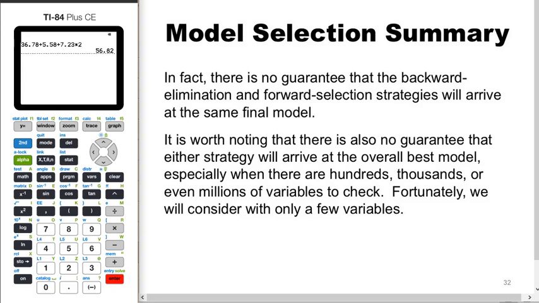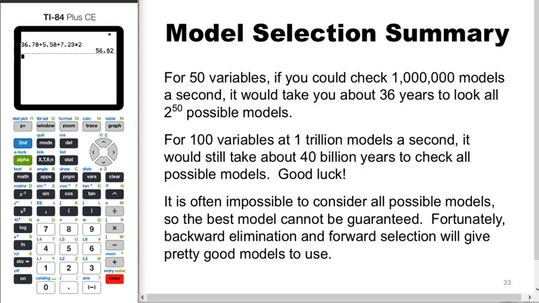One reason why forward selection and backward elimination don't always get the same answer and don't always guarantee you get the best answer is just that there are too many models to check. For some reference, if you have 50 variables and could check 1 million models a second, it would still take you about 36 years to look at 2 to the 50th possible models.